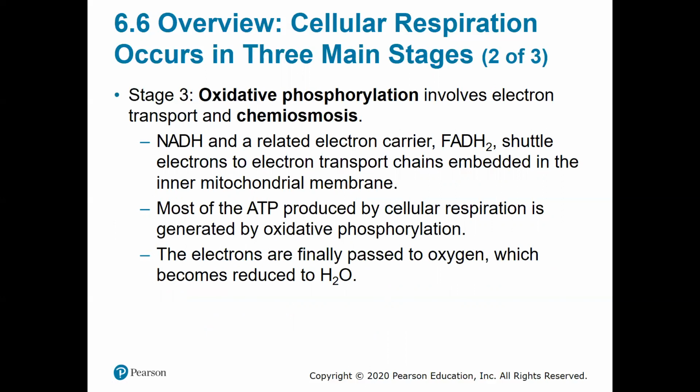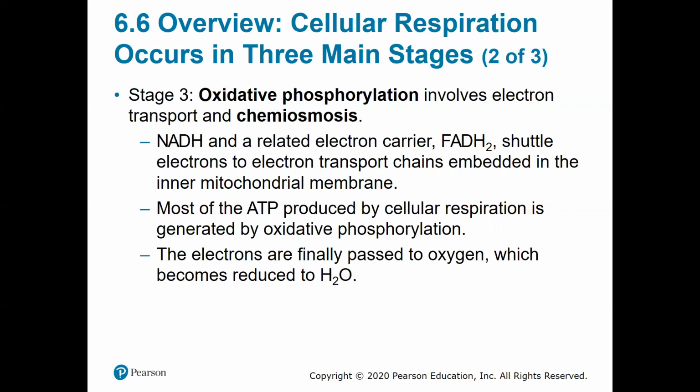And while a lot of these terms may be new to you guys, I'm going to go through and show you each one in the diagrams, what these are. So in stage 3, NADH, which is the energy molecule, and then another energy molecule, FADH2, will take electrons to the electron transport chain in the inner folds of the mitochondrial membrane.